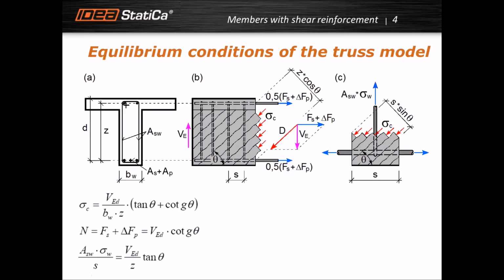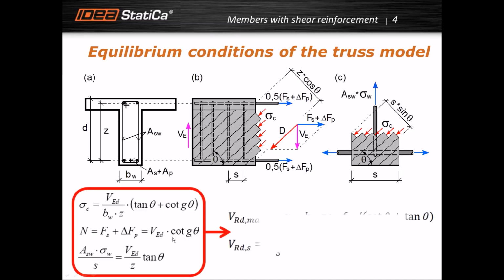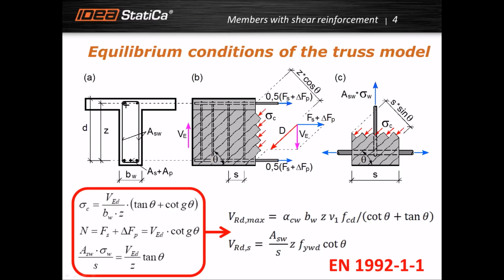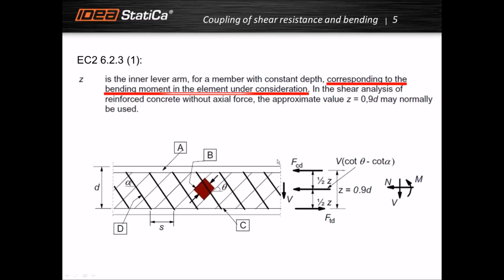We can use this element to derive the equilibrium conditions, and based on these equilibrium conditions we can derive exactly the formulas which are mentioned in the Eurocode, for example, the VRds or the maximum shear force before the diagonal is crushed. This, of course, as I mentioned, is a theoretical case of pure shear.